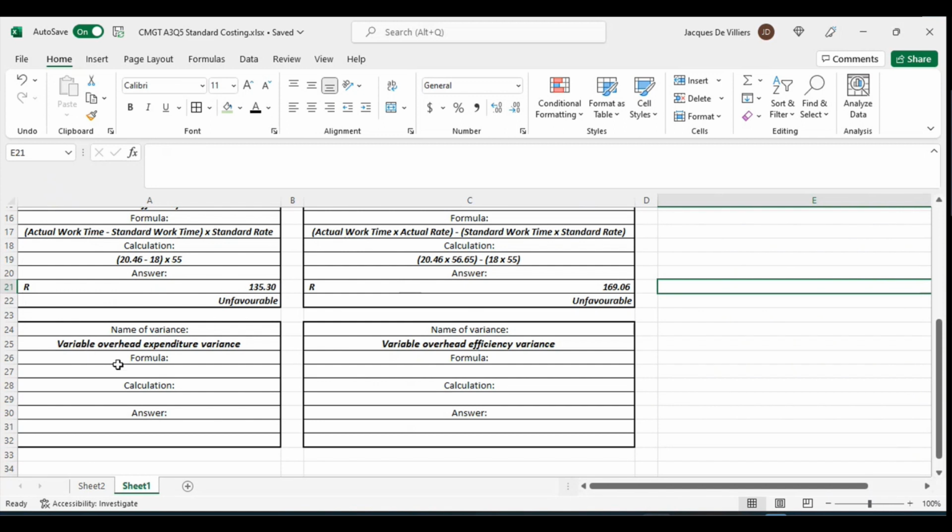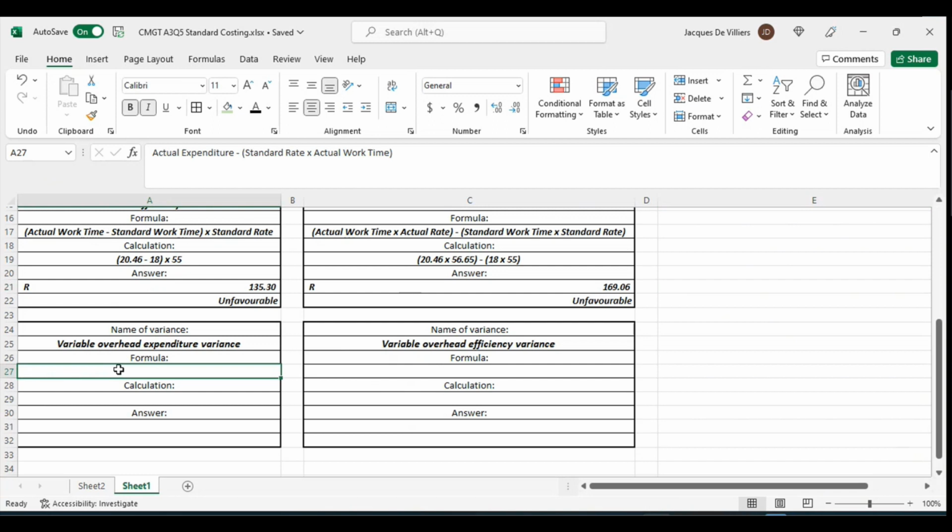Now, the next two that we are asked about are the variable overhead expenditure variance. So once again, the formula is there. It says, look at the actual expenditure, and from that, subtract the standard rate at the actual work time. So let's see what's happening.